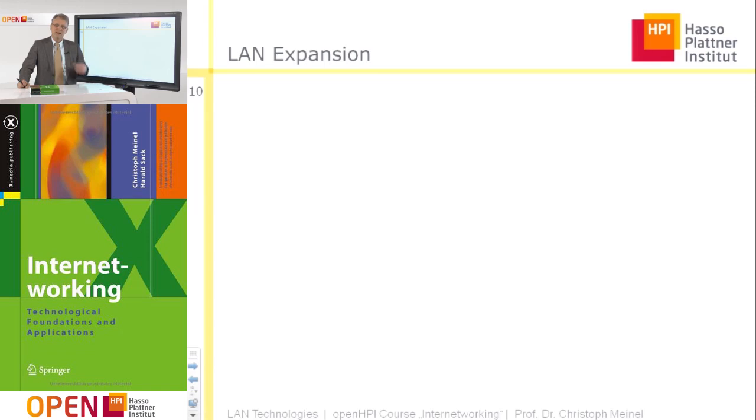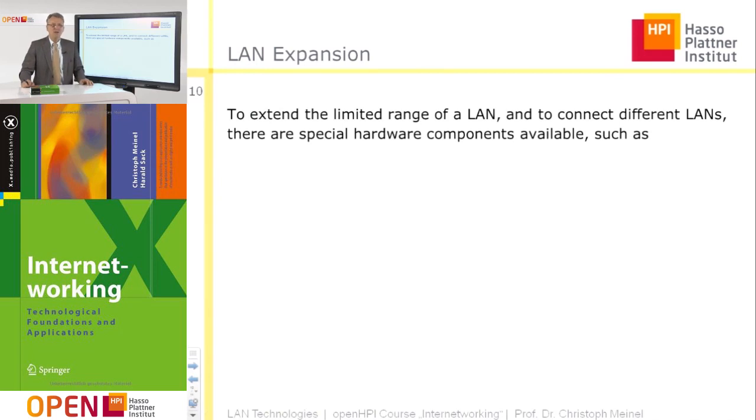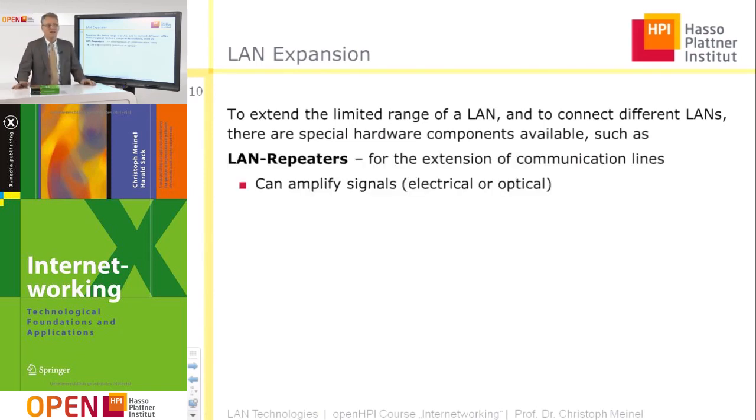So when we discuss how we can enlarge a LAN, we have to see which kinds of possibilities exist to expand a local area network. And yes, there are different special hardware components that allow us to expand a LAN, a local area, at least by a certain distance.